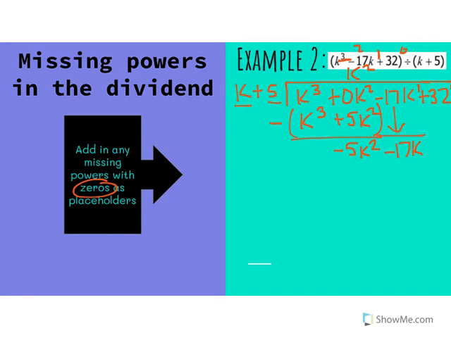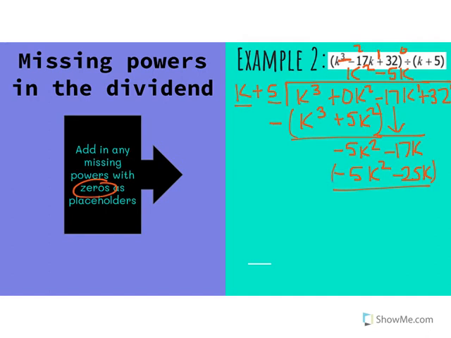Okay, and then we're trying to figure out what value times k will get me a negative 5k squared. Well, that's going to be a negative 5k. So negative 5k times k is going to be our negative 5k squared. And then we have a negative 5k times a positive 5, which will be a negative 25k.